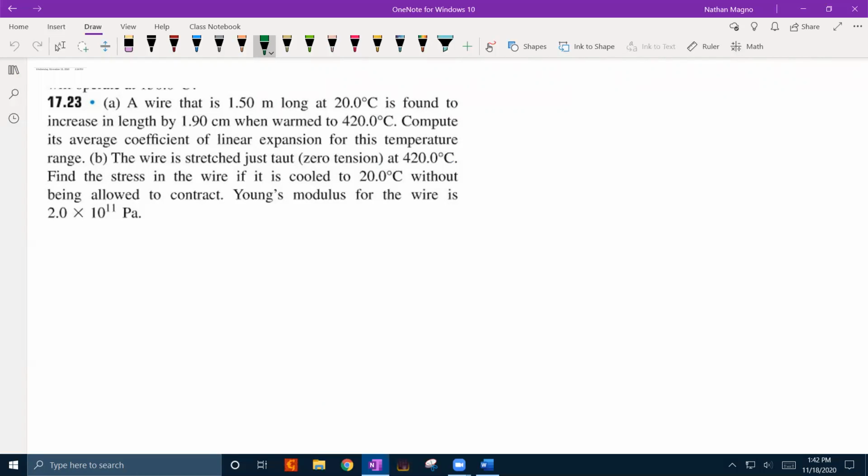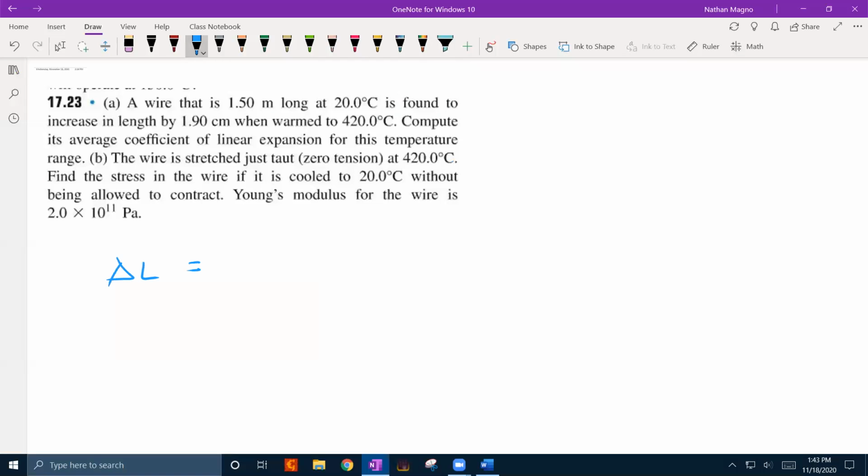So does anybody have an idea how to tackle problem 17.6? There are equations, and if you weren't introduced to them yet, you won't know it. Has Rudy gone over thermal expansion? Okay, I'll write the equation.